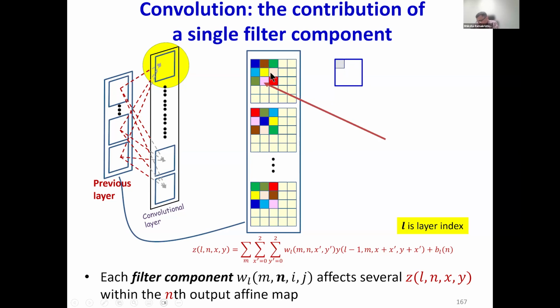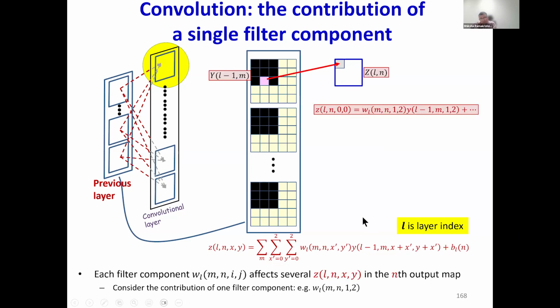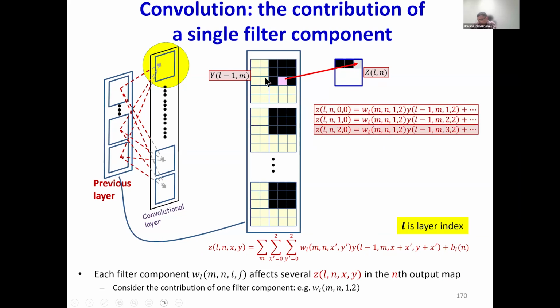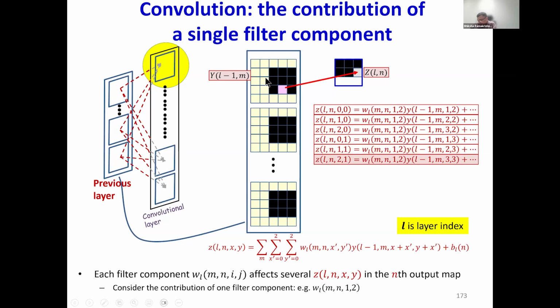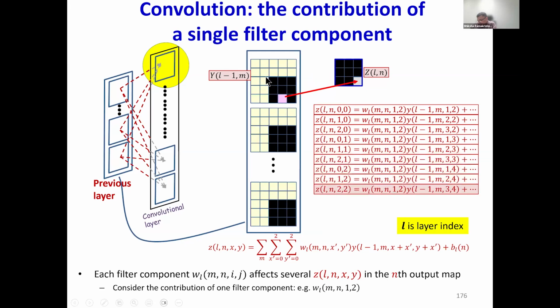So each filter channel operates on a single input channel and generates a single output channel. Nevertheless, when I actually compute the derivative, so this is the forward equation, right? If I look at, say, a single filter element like this, you can see that that filter element only influences a single output channel and only operates on a single input channel, right?